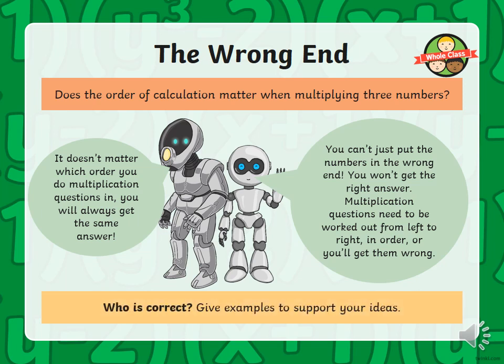What I want you to do is think for a minute, pause the video, who is correct? Give examples to support your ideas. You can either write this down on a piece of paper, or just have a discussion with an adult, or even say it to yourself. Which robot is correct, Robot A or Robot B, and why do you think that is?